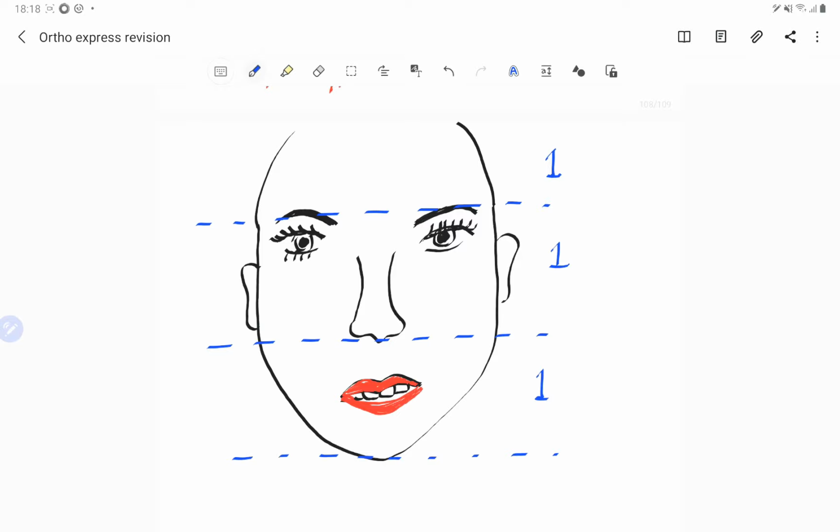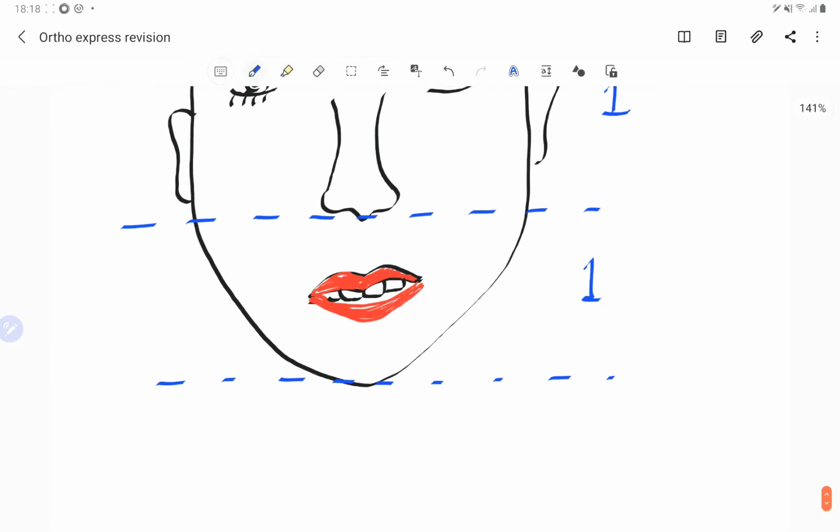And also we can divide the lower face into two parts. The lower face can be divided into upper and lower facial height. So there is a line which connects the lips.